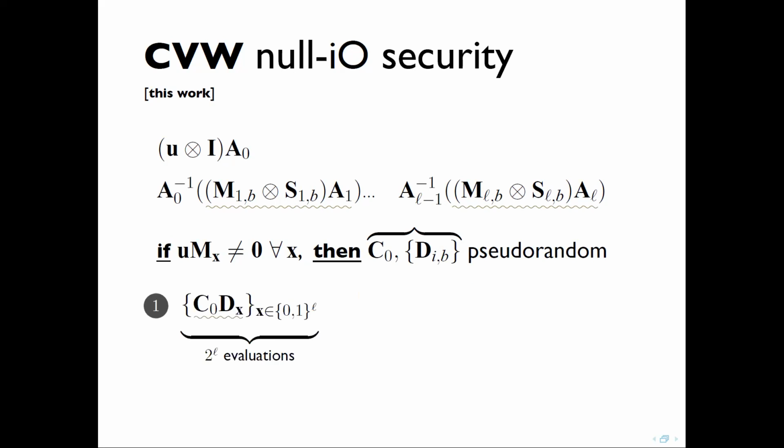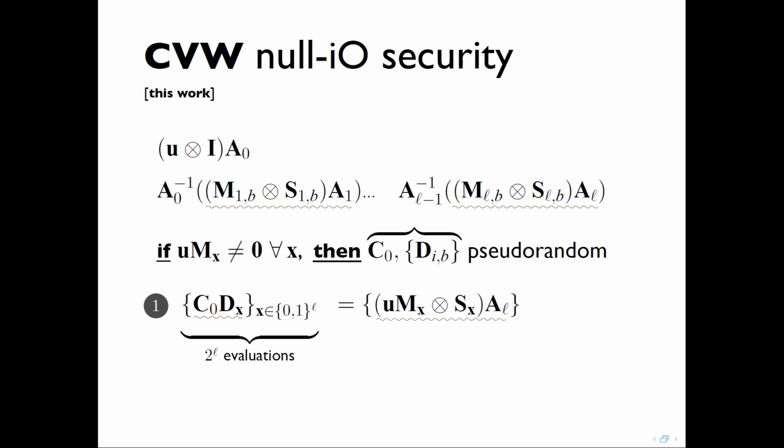Here's how the proof works. As a first step, consider a mental experiment where you take all possible subset products of the encodings, corresponding to all possible evaluations of the program on all possible inputs, and you add fresh noise to all of these subset products. What do these 2 to the L evaluations look like? They look like the expression on the slide.